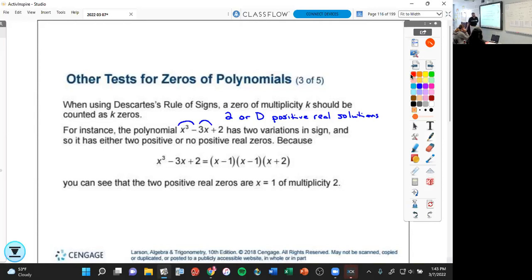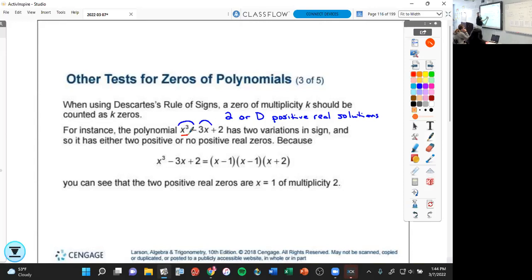Let's change signs. Anything that has an odd exponent, we're going to change signs. So this was positive, x cubed. Is it still positive? No. 3 is odd. So this guy's going to become negative. This is odd.